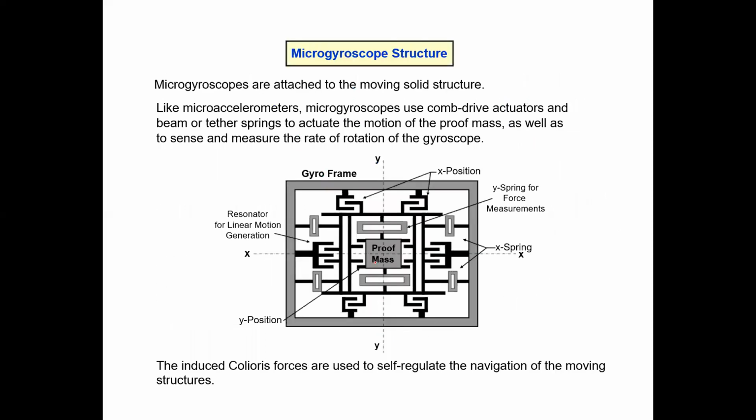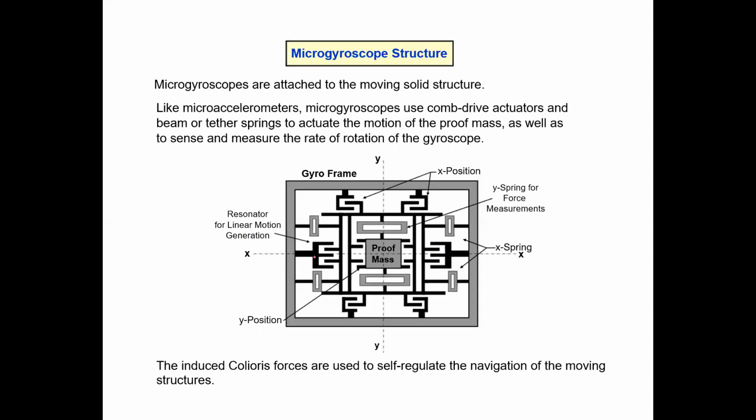So as I earlier said, this is the mass. This mass is suspended. These are all springs, and these are basically interdigitated comb drives which can be used for the movement, because you have one axis specifically for the movement that will be moving with a certain velocity v. So in this particular case, it is a resonator for linear motion generation.